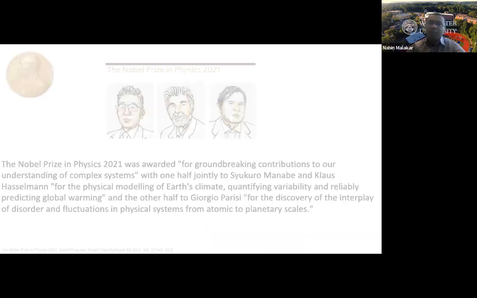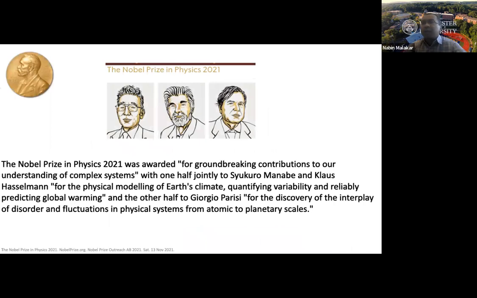As an example, last year we got a Nobel Prize in physics for 3 of the great scientists. The basic idea was that some of the calculations that you can do on the back of the envelope, guided by physics, can have profound applications or implications for understanding the climate of the world, right?